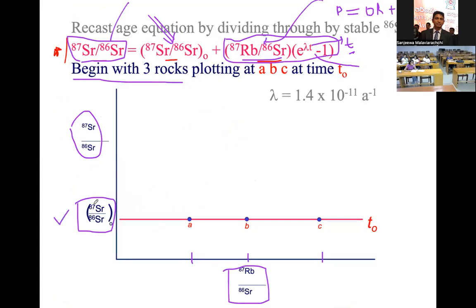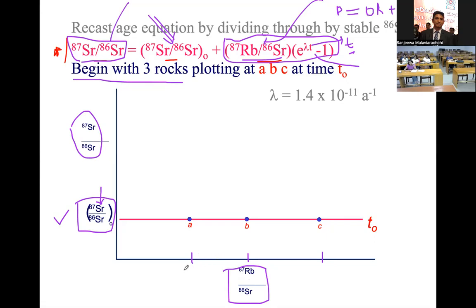We are considering this as the daughter isotope, so we take that ratio, which is a constant amount because they are coming from the same parent. But now we have crystallized the rock, and during the crystallization process, this rubidium enters in different amounts.